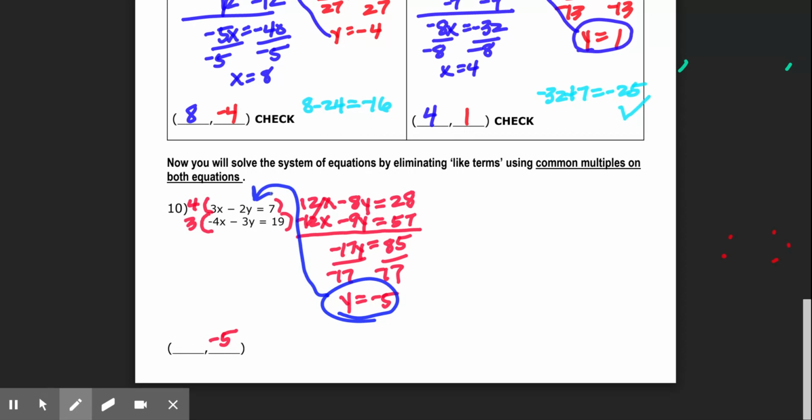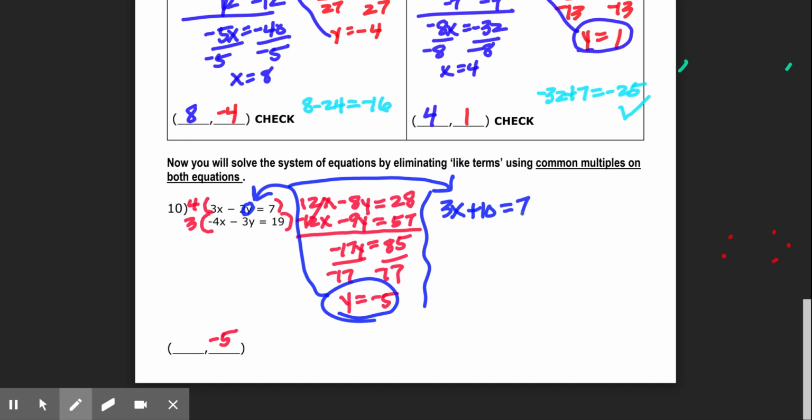So this will be 3x, and that's negative 2 times negative 5. Because remember, I'm putting negative 5 in place of y right here. So negative 2 times negative 5 is positive 10 equals 7.